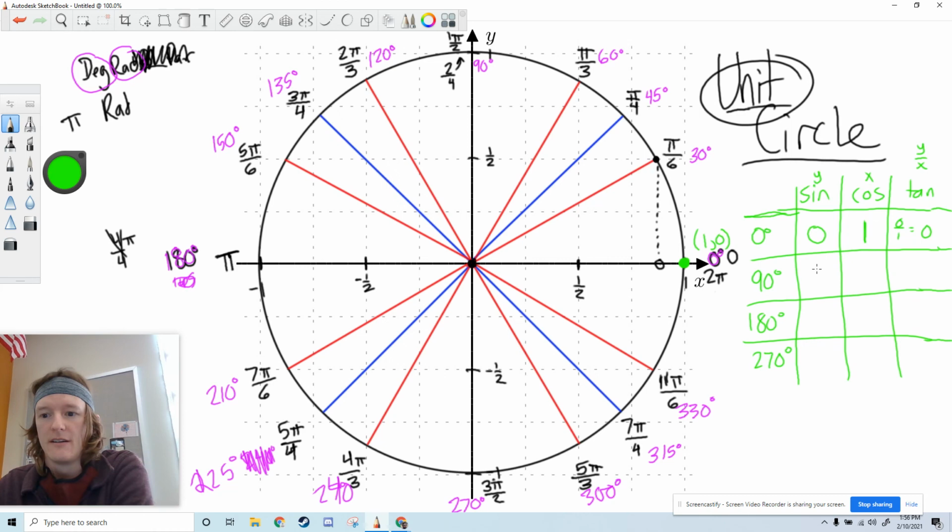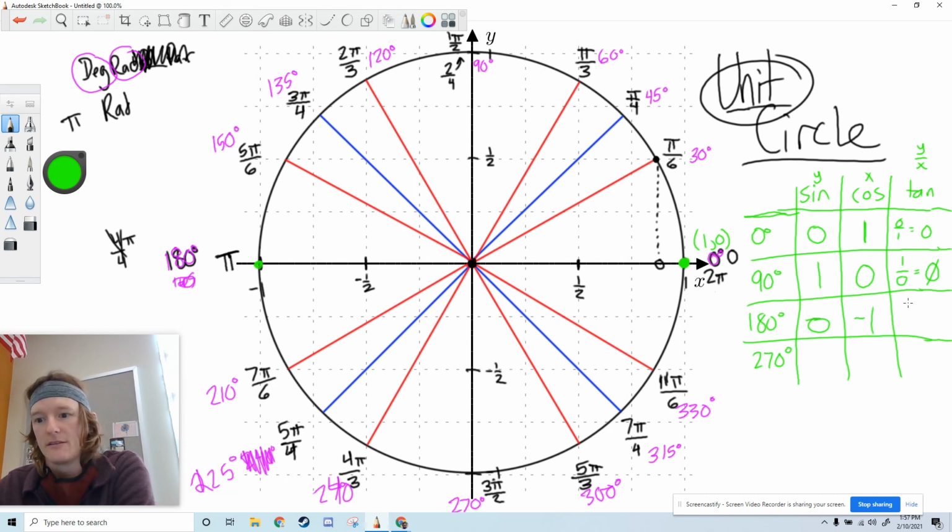Let's do 90. Sine is 1, cosine is 0. 1 divided by 0, you can't do it. You can't divide by 0. You can't tell me how many zeros are in the number 1. 180, sine, careful, we're still 0. For cosine, because this point right here is at 0, but our cosine is -1.